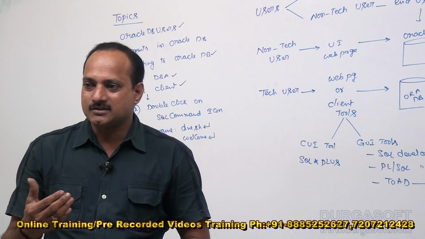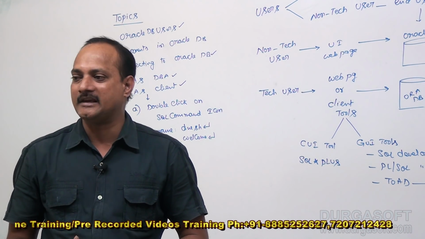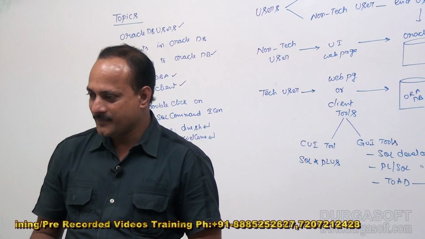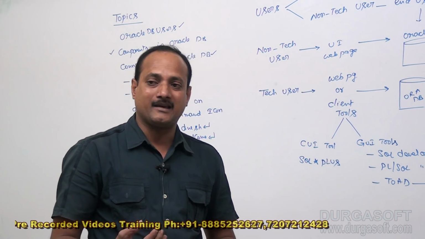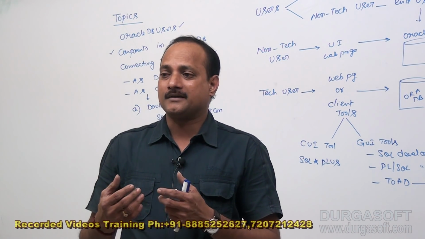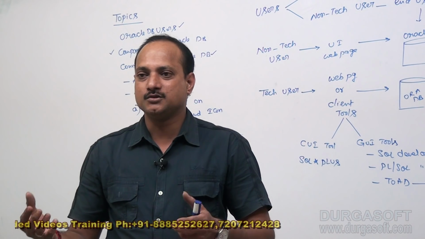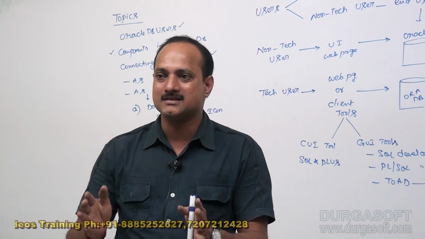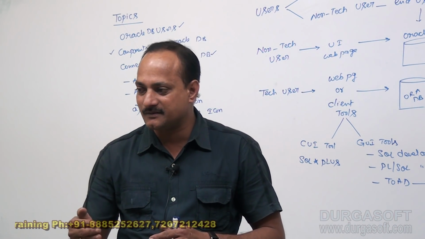Next, according to client requirement or business document specifications, you have to develop Oracle objects. Maybe it is a procedure, function, trigger, package, or you have to create a table, implement constraints, and implement relations. All these things you have to do as an Oracle developer, or we can say as a PL/SQL developer.